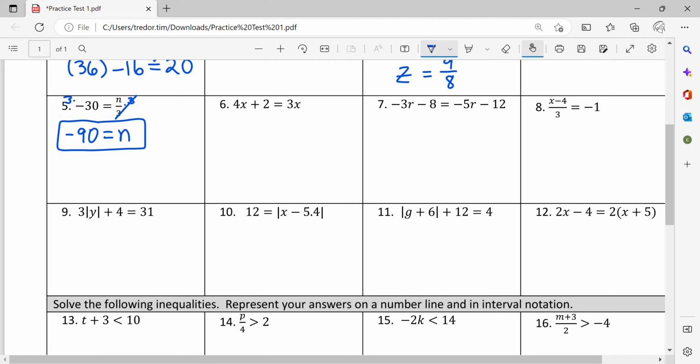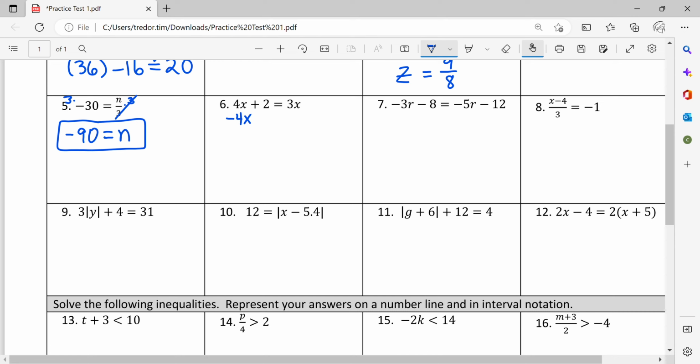Number 6, I've got 4x plus 2 equals 3x. I want to gather up the variables on one side of the equal sign. If you've got them on both sides, you want them on one side. And since the 3x has nothing else over there, I'm going to move the 4x to that side.